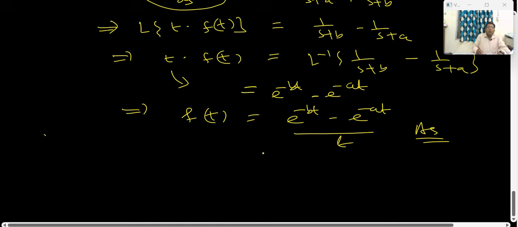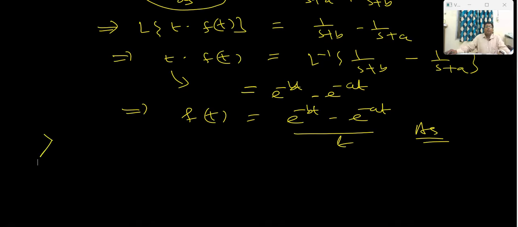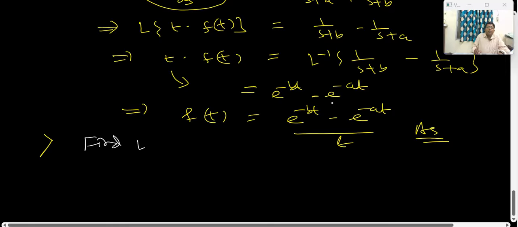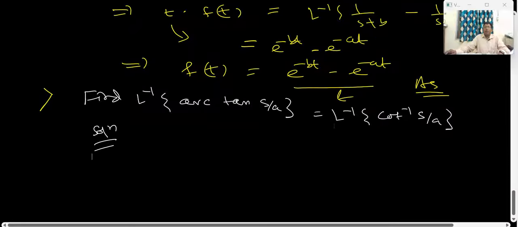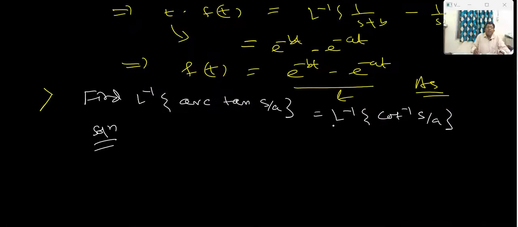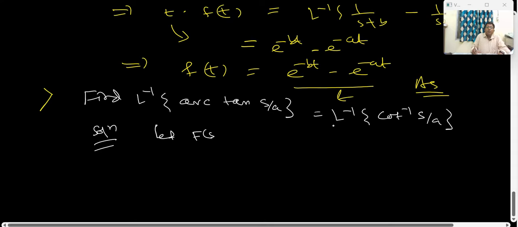Likewise, one more example. Suppose you are asked to find L inverse of arc tan of s by a, that is cot inverse of s by a. Same thing, it is easy to differentiate. Let F(s) be cot inverse of s by a.